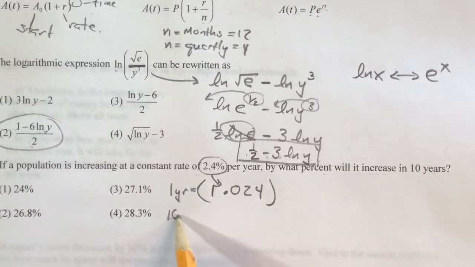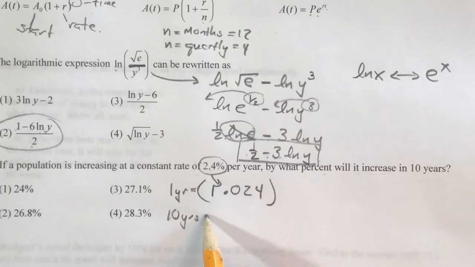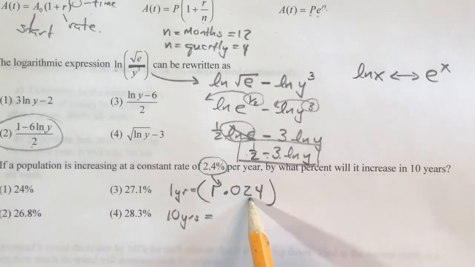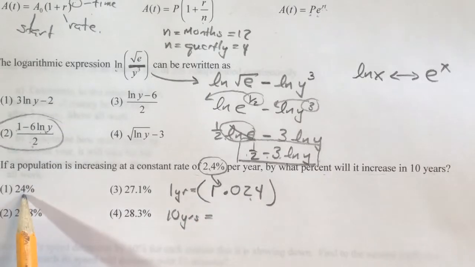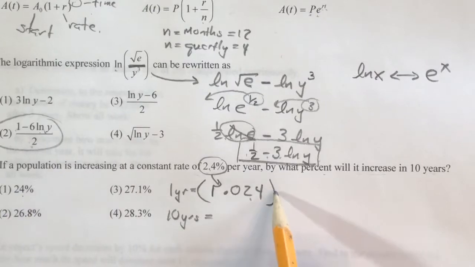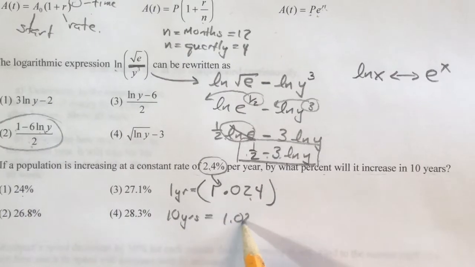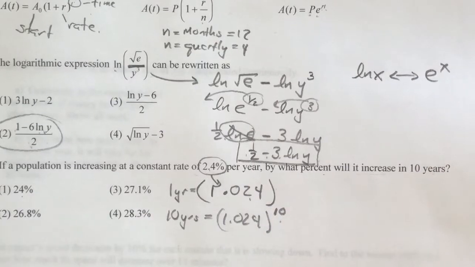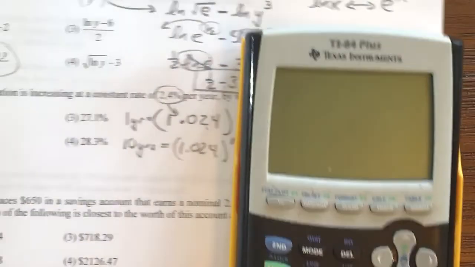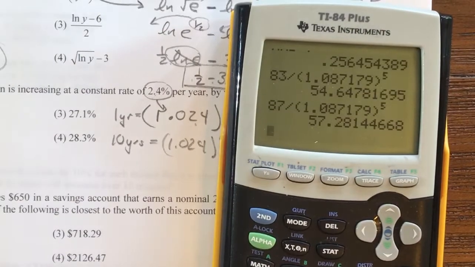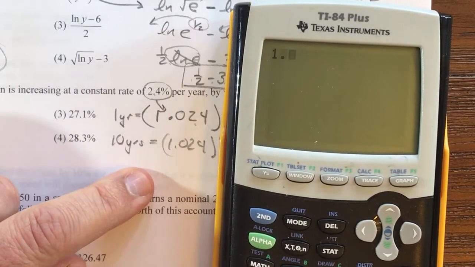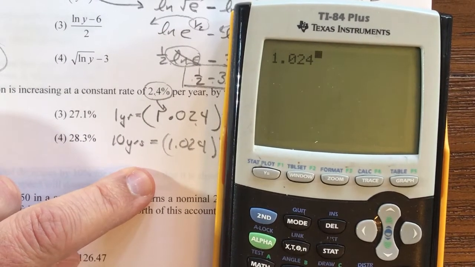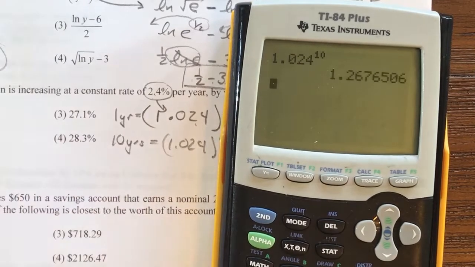How do I get to 10 years? Okay. Typical mistake is somebody multiplies by 10 and they would pick choice 1, which is wrong. What you got to do is take this 1.024, raise it to the 10th power. It involves exponents, so definitely need your calculator for a lot of these questions. 1.024 raised to the 10th power.